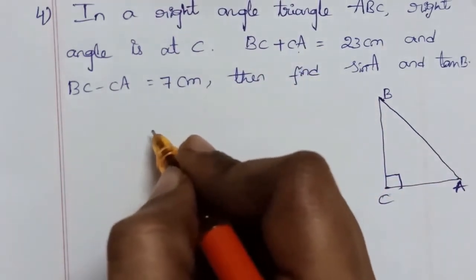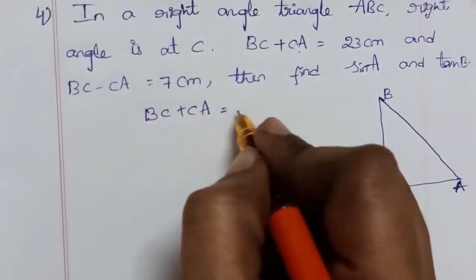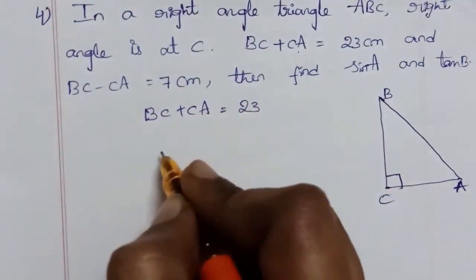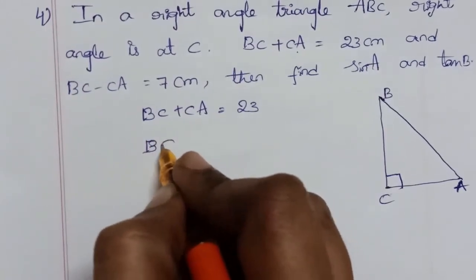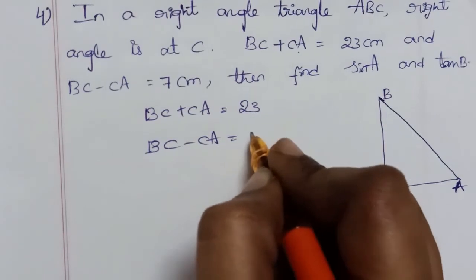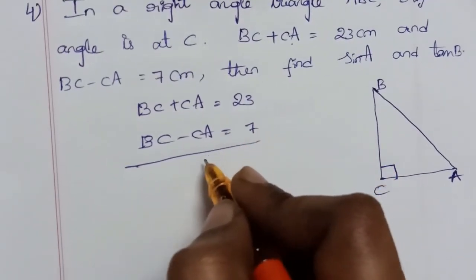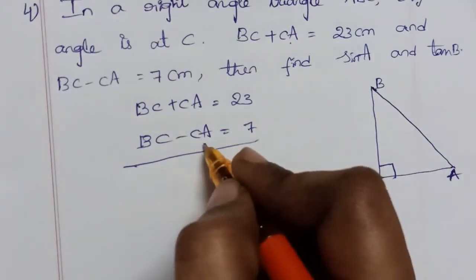So BC plus CA is equal to 23, BC minus CA is equal to 7. Plus CA minus CA will get cancelled.